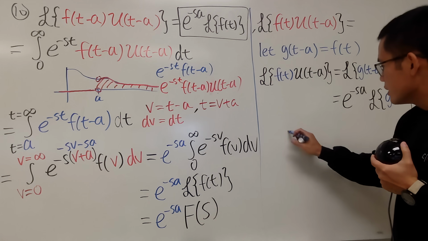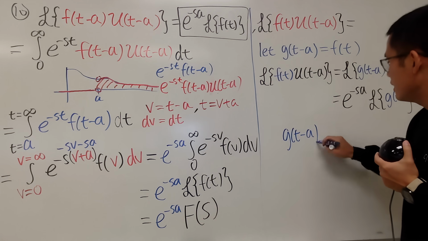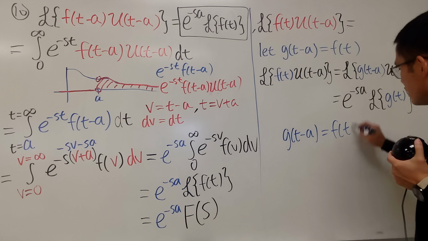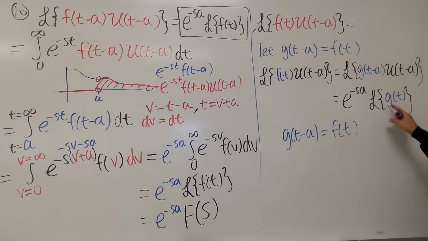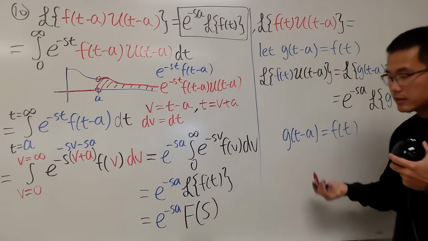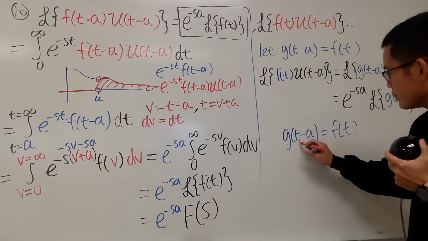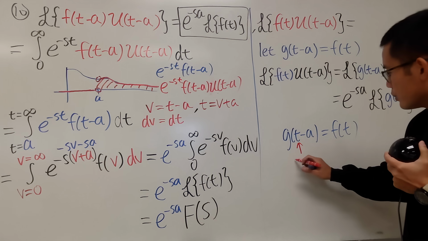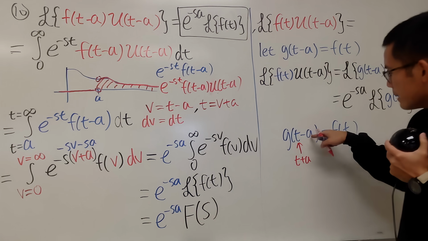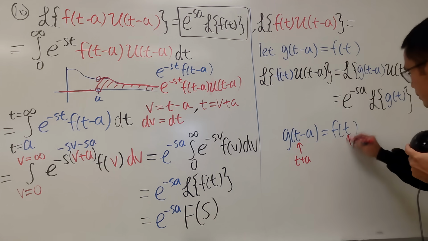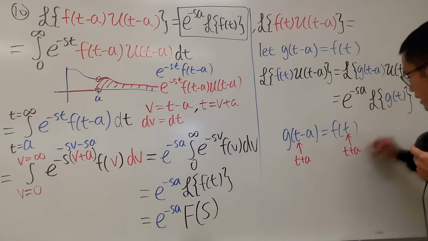Again, if you look at this, g of t minus a, which we set to be f of t, all we have to do is shift it back, because I just have to figure out what g of t is in terms of f. To do so, all we have to do is change the t to t plus a. You see, t plus a minus a is just t. Likewise, we do the same right here, t plus a.